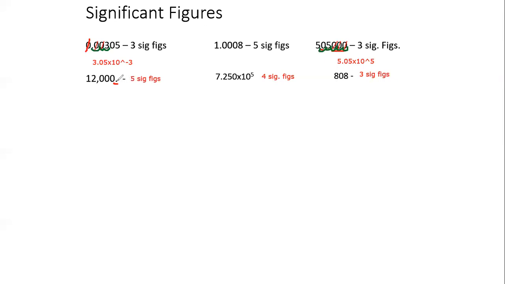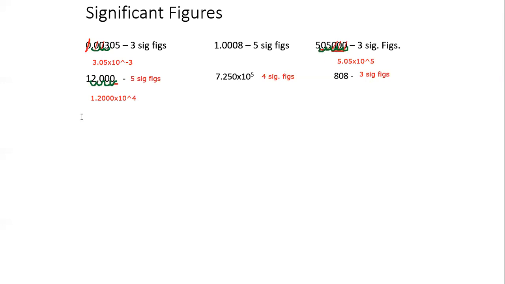Now we go to 12,000. Again, we move the decimal point 1, 2, 3, 4. So 4 places to the left. Again, when you move to the left, it is positive. And since there's a decimal point there, we have to include all those zeros as well. Now you may ask, how would it look if it didn't have the decimal point?